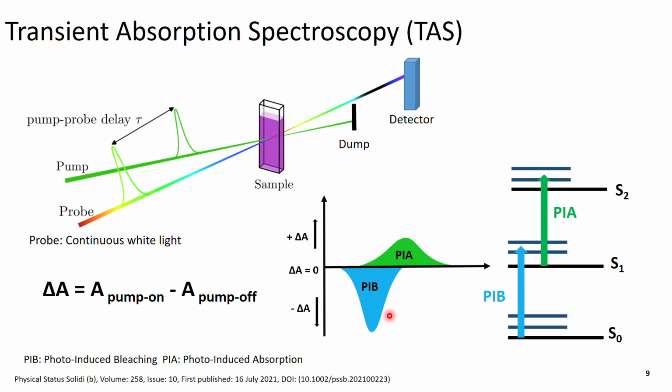One is the PIB, photo-induced bleaching, and the PIA, photo-induced absorption. The photo-induced bleaching PIB is the signal from ground state to the excited state, and it is always the negative absorption. And the PIA is the positive absorption, because it's from the excited state to another excited state. It's a new absorption we will not see in the steady state absorption.